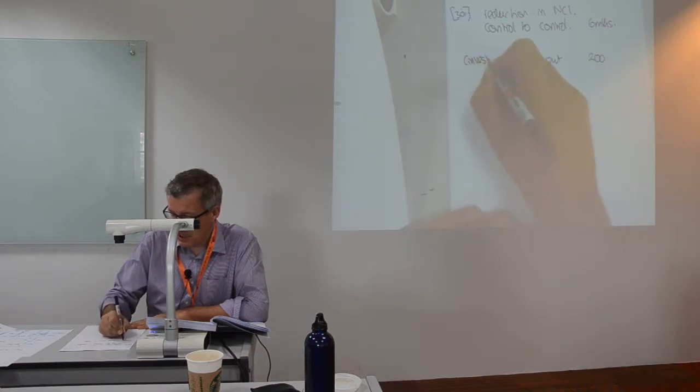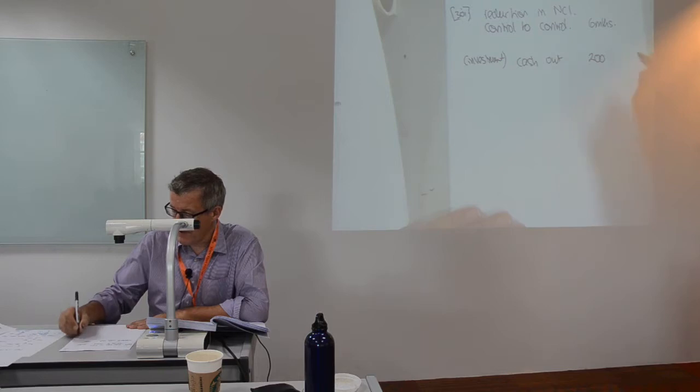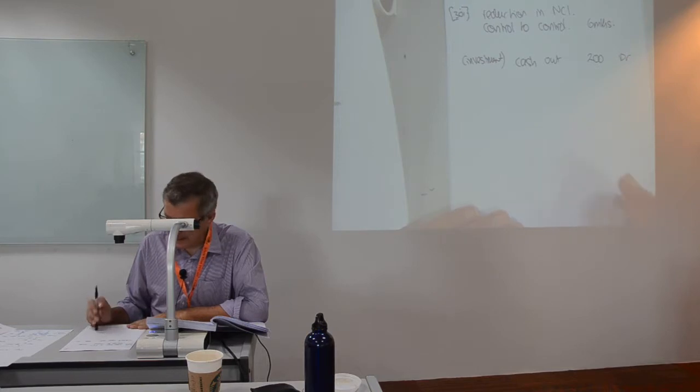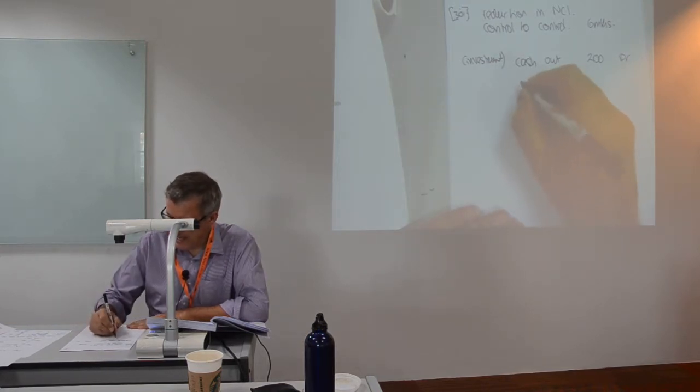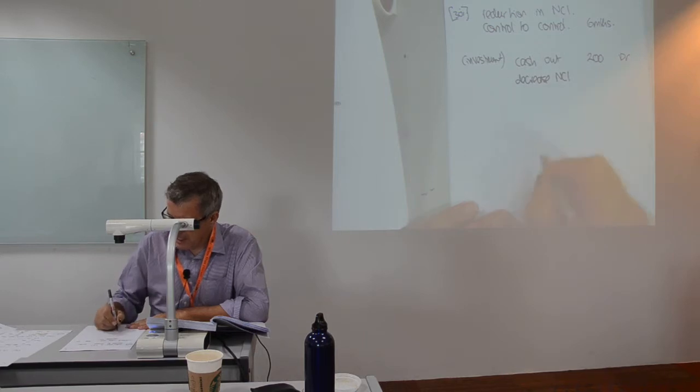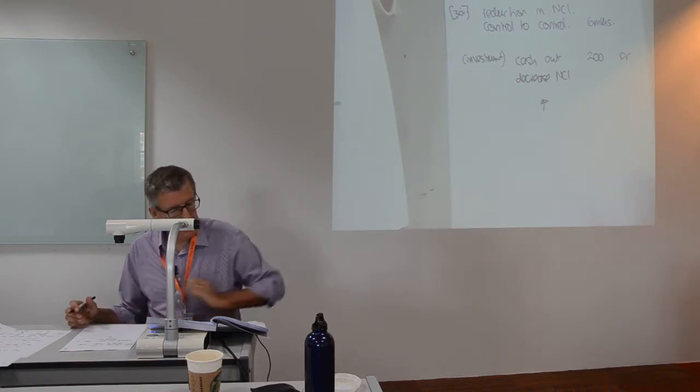This is effectively going to be a debit. So I'm reducing the NCI balance. So I have here a decrease in the NCI balance. So what I need to know is the NCI balance that exists at the reporting date.